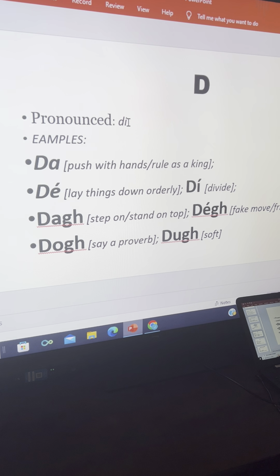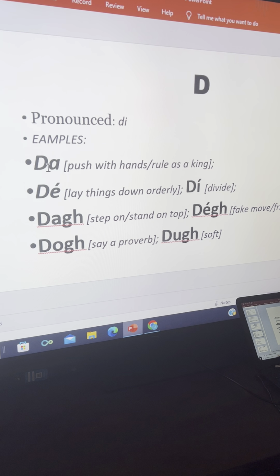So what examples can we use? What words can we use D to spell? Note one thing. Consonants don't really have any sound until you choose a vowel to use.